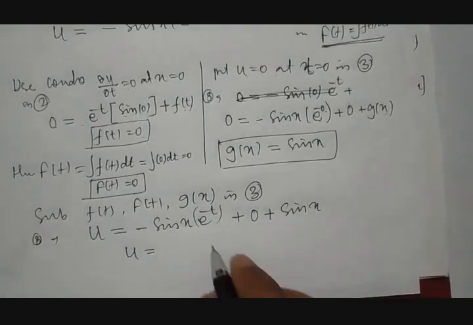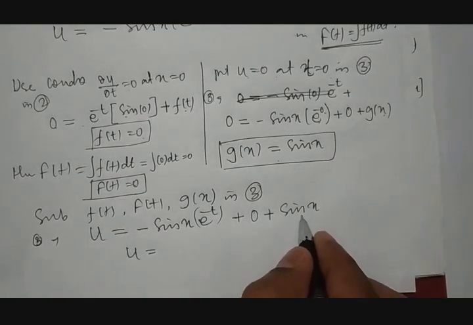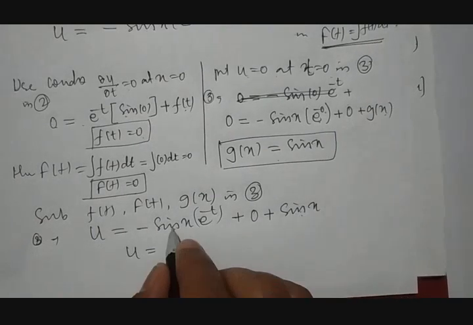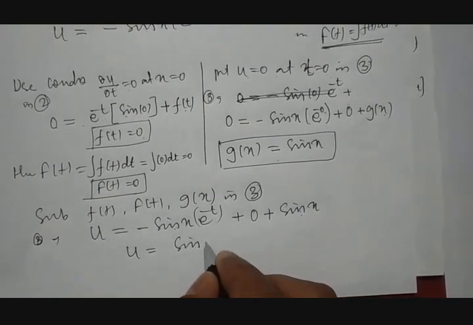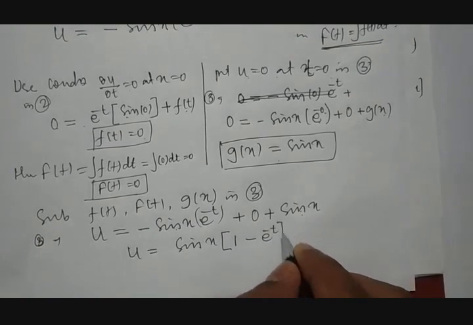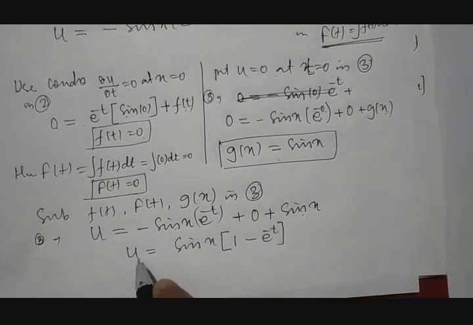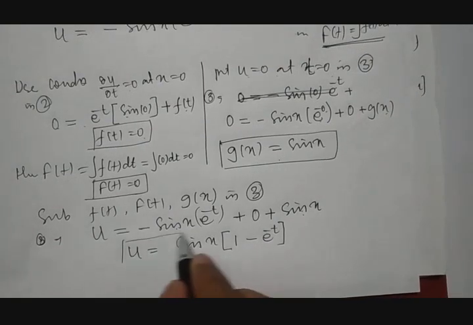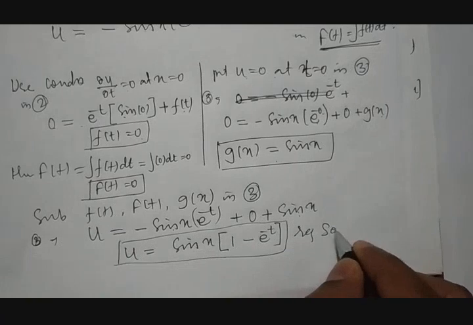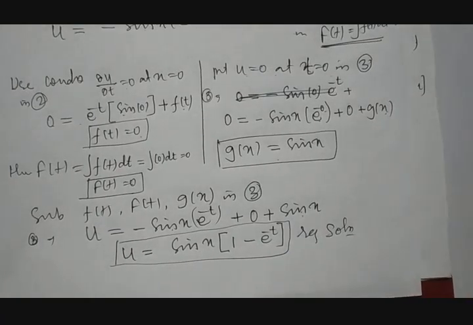Therefore, taking sine x common, we get u is equal to sine x into 1 minus e raised to minus t. So this is the required solution for the given example.